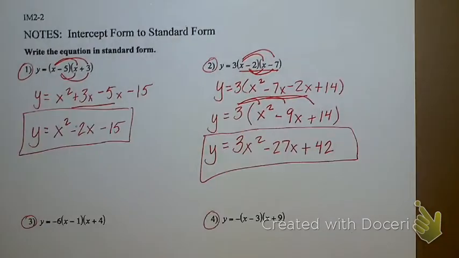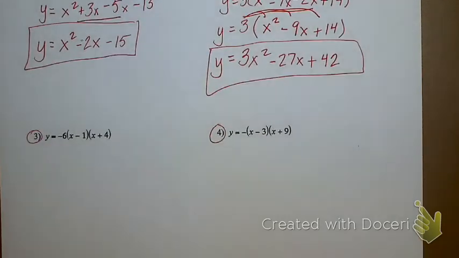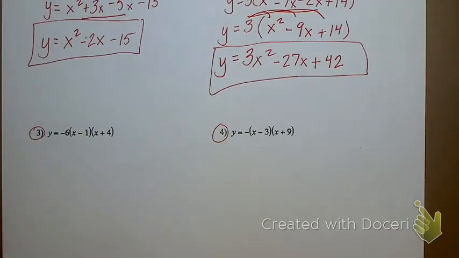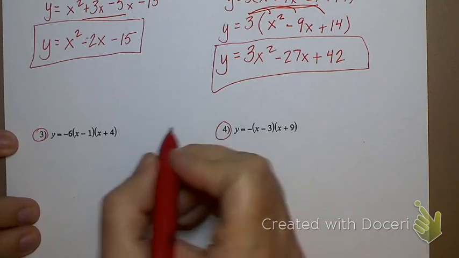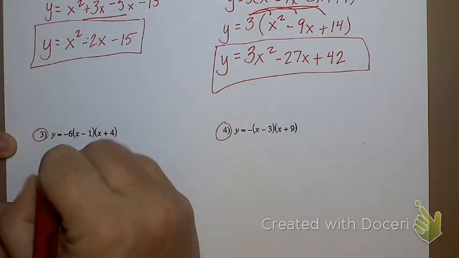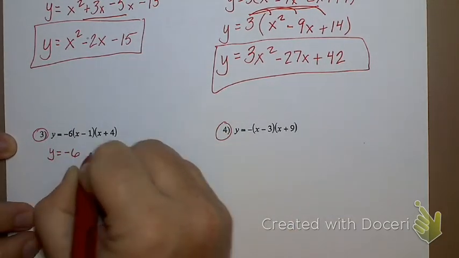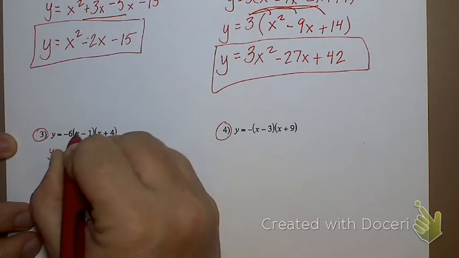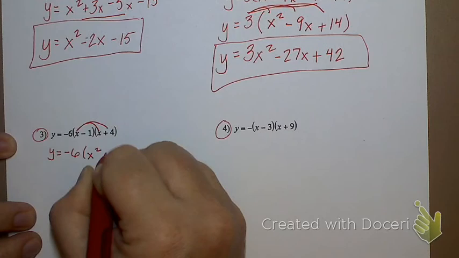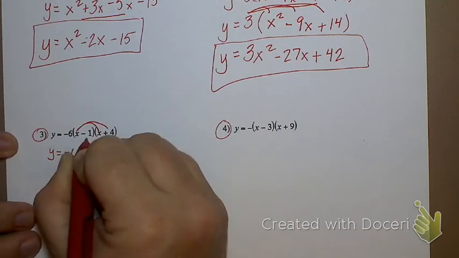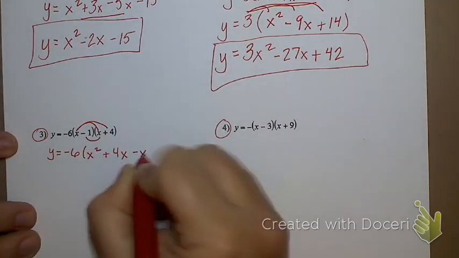Pretty easy, right? All right, you try 3 and 4. Take a minute and try 3 and 4. All right, so I'm going to keep the negative 6 out. And I'm going to multiply here. X times x is x squared. X times 4 is 4x. Negative 1 times x is negative x.